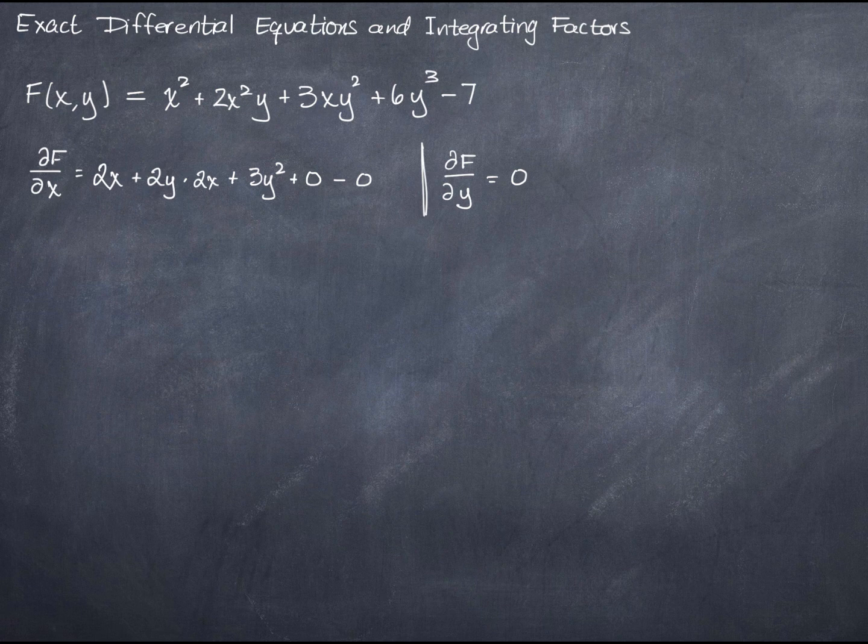So I'll leave that so-called constant out front, and then take the derivative of y with respect to y, and that's 1. So this would be times 1.